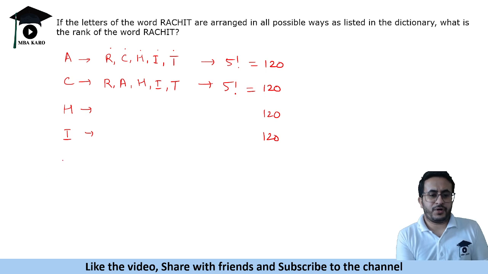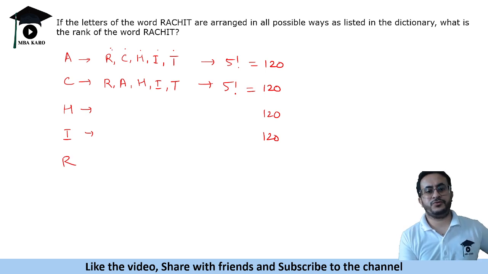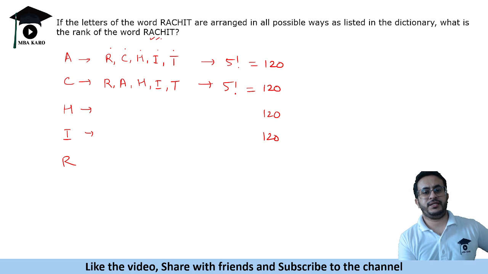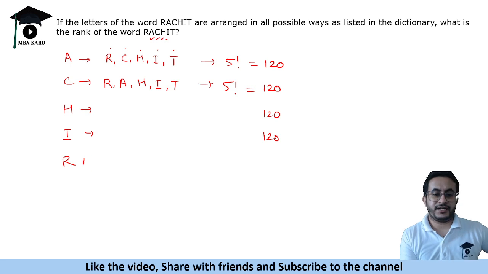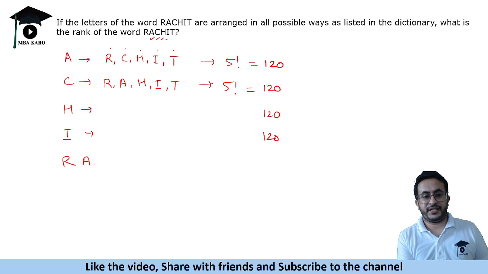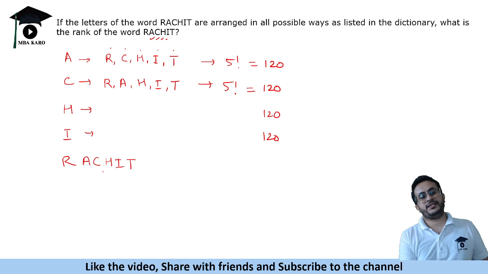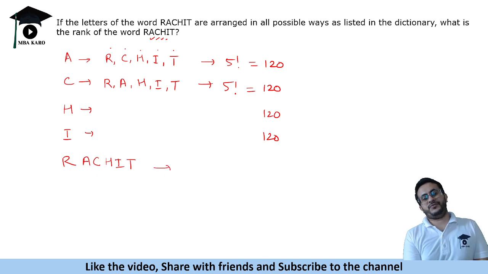Now when we come to R, like we have used A, C, H, I, next letter will be R. The first word that we will get is R, A. Then after A the next letter is C. Then after C the next letter is H. Then the next letter is I, and then is T. So this is the first word after this.